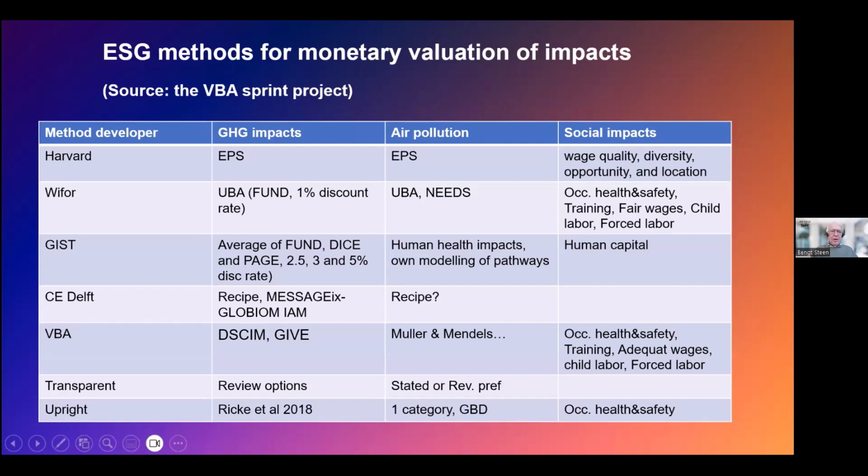Then they have the ESG, environmental, social, governance, people that work with different types of monetary evaluation approaches. You have a list here of different participants in a project I was involved in. Harvard, you know; WifOR is a German institute; GIST is a large consulting organization; Delft, you know about, I guess; and Value Balancing Alliance is German.